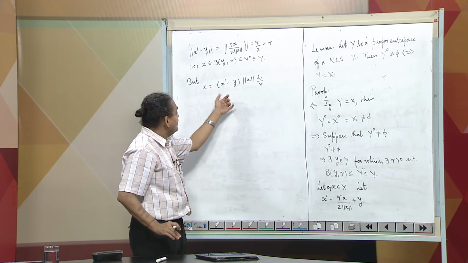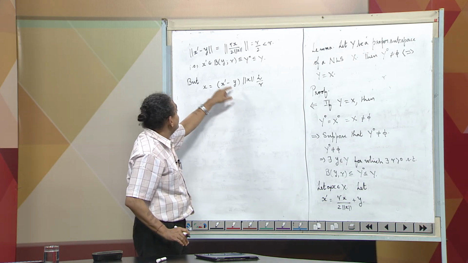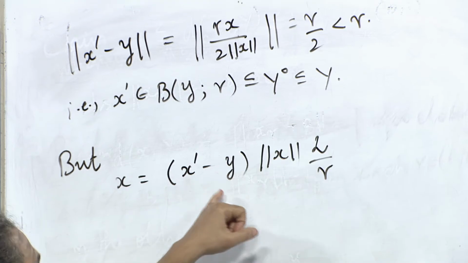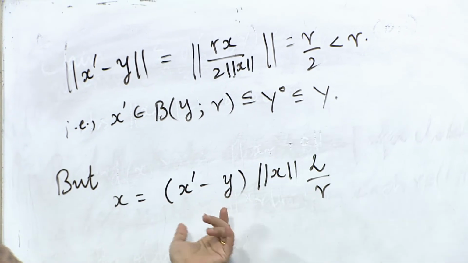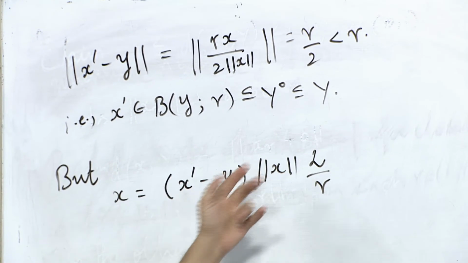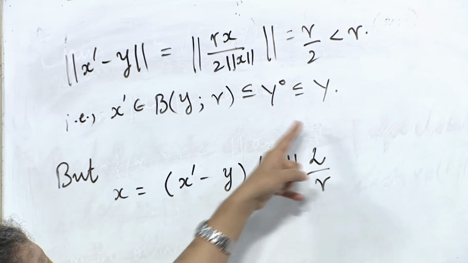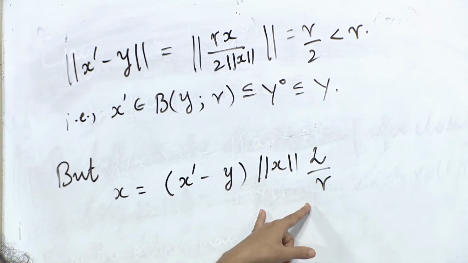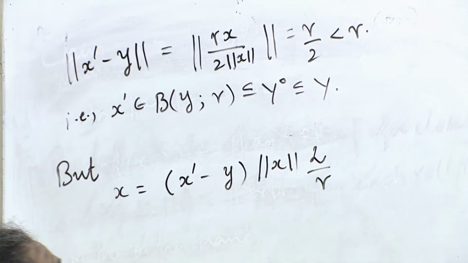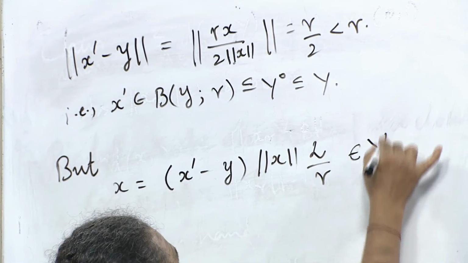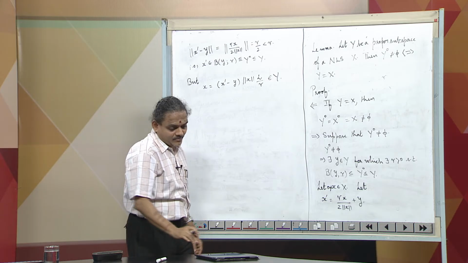So, now observe that this x dash minus y, x dash is again inside y and y is also an element of y, and therefore, this x dash minus y is also inside y, and what you have remaining here is just a scalar, and therefore, this whole thing belongs to y, and we are done with what we want, right.